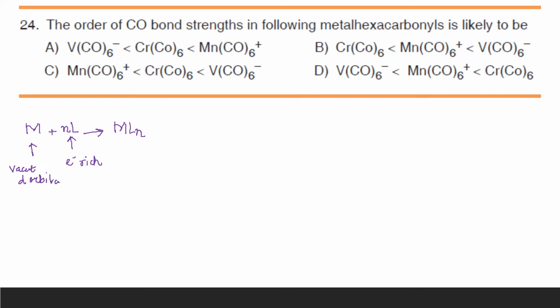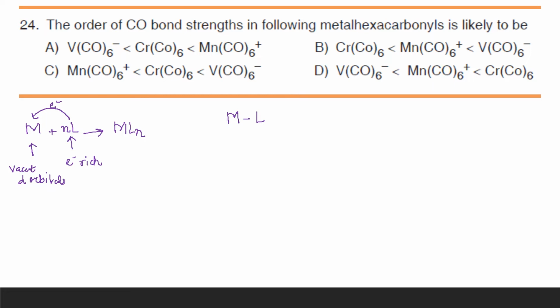So during the formation of the complex, electron from ligand is being transferred to the vacant orbital of the metal, and this leads to the formation of a metal ligand coordinate bond. Right. So this is what is taking place during a complex formation.